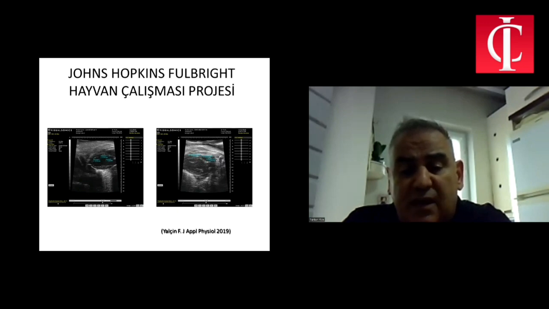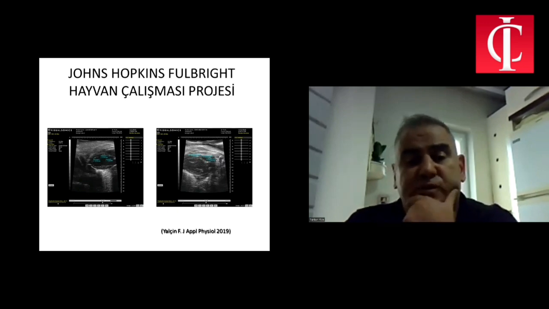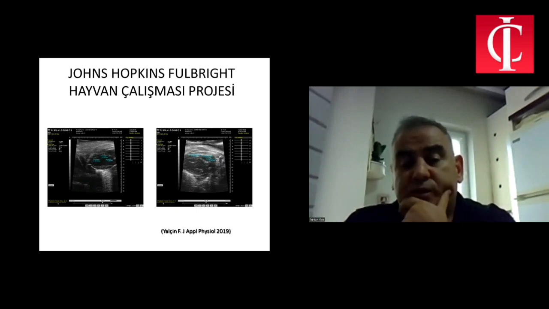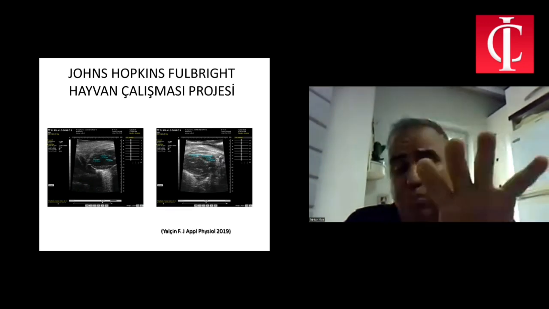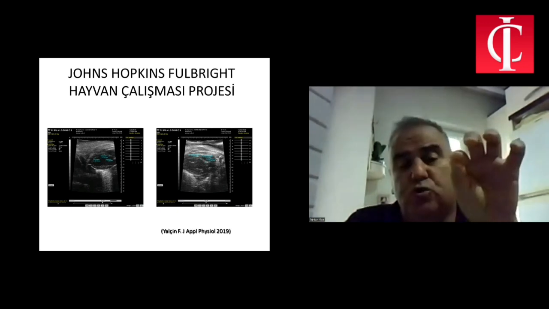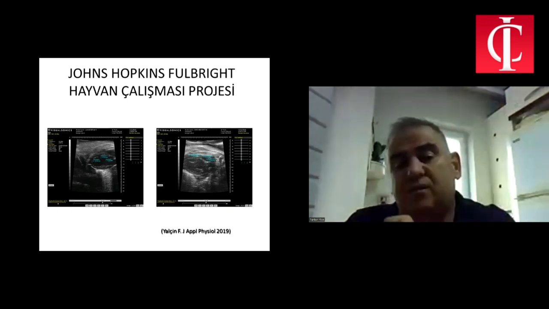And at Johns Hopkins, with Fulbright support of the US government, we have seen it really is the first geometric distortion during the remodeling, no matter whether you use physiologic or pathologic stress.